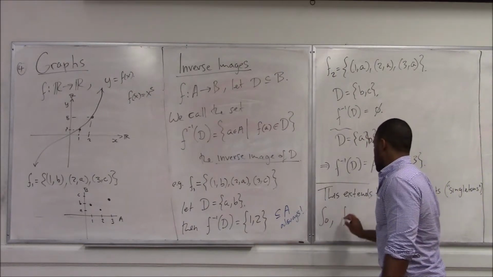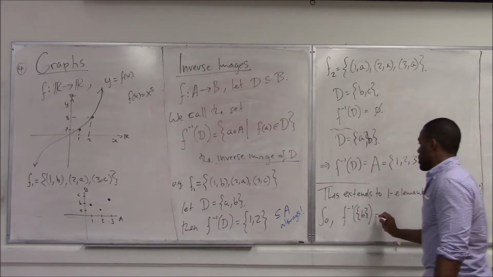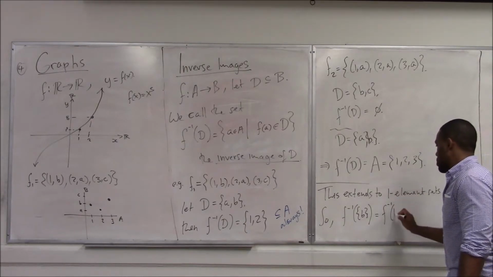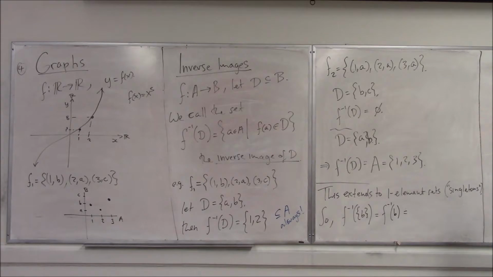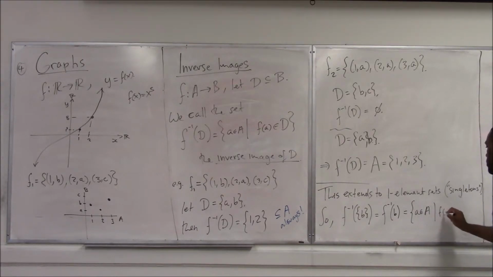So I can talk about the inverse image of a particular element, which sometimes we informally might write that way. And that's just the set of all a in A such that f(a) equals b.